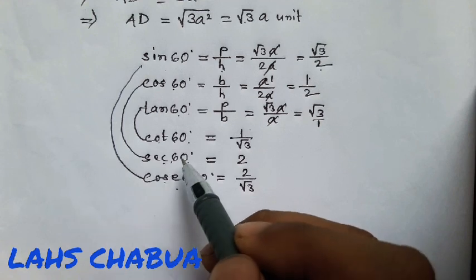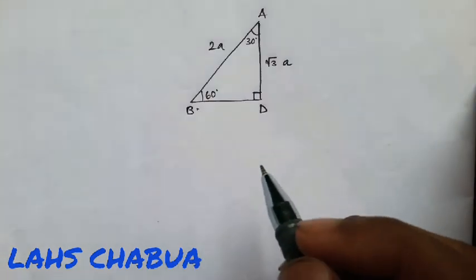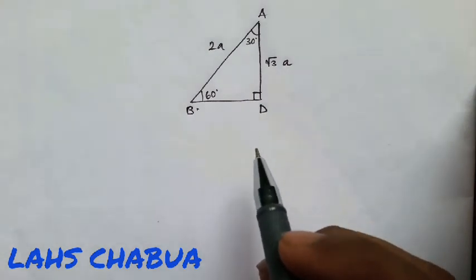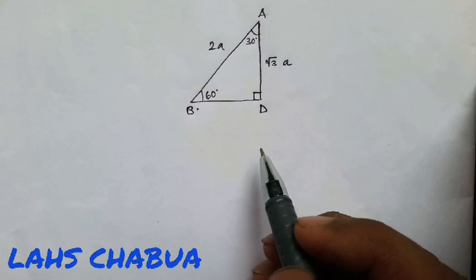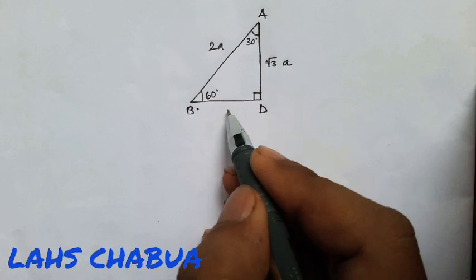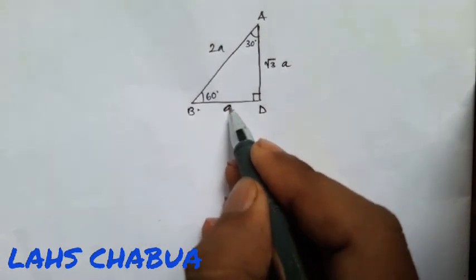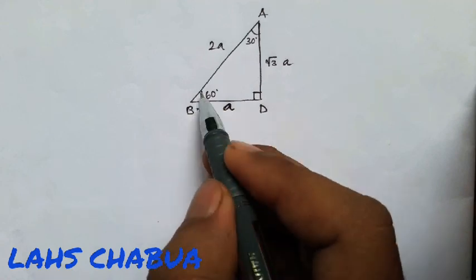Now next we are going to get values of all trigonometric ratios of 30 degree by using the same figure, this figure, and only you will have to keep in your mind, earlier we calculated for 60 degree.